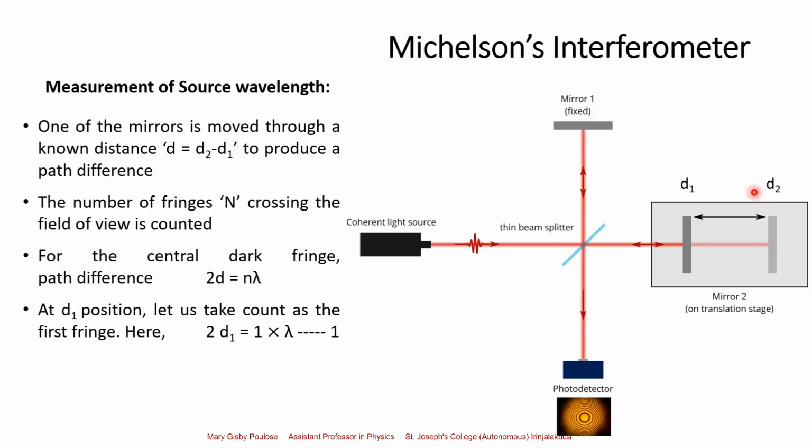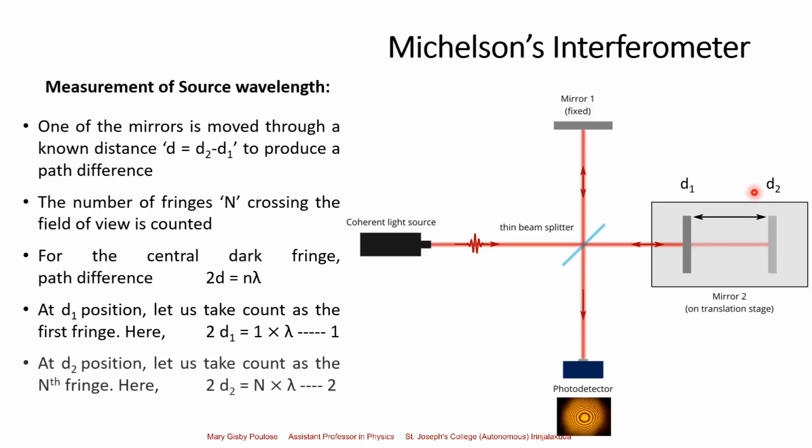Let this be your first equation. Now after shifting the mirror to the position d2, let us count the fringes and we would have obtained n fringes. So this condition becomes 2d2 is equal to n lambda. Let this be your second equation.